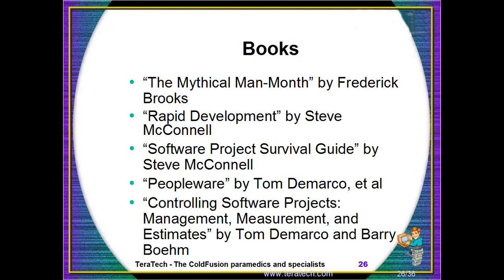And then the final one on here, which I found interesting, is another book by Tom DeMarco, and this time Barry Boehm. And that looks at some of the measurement and estimates and how you can use those to see how well you're doing.